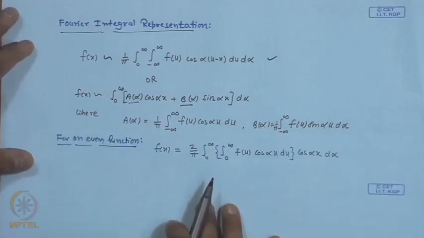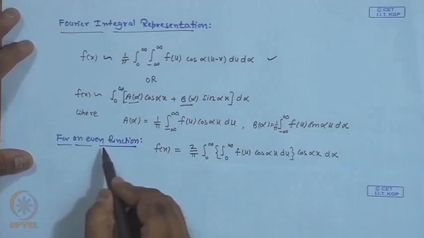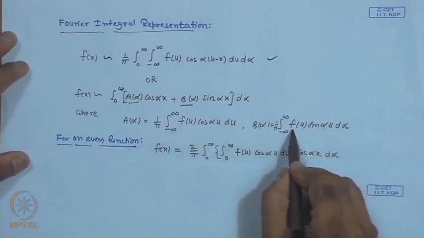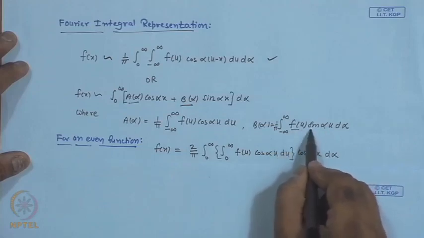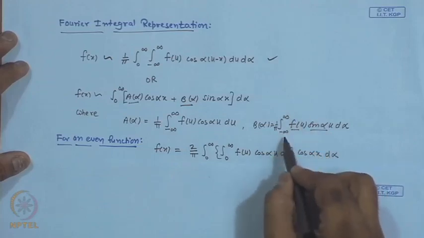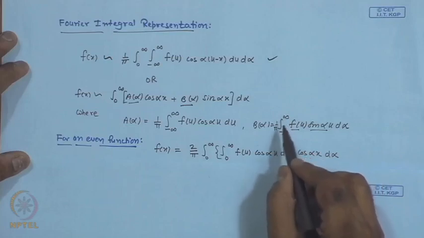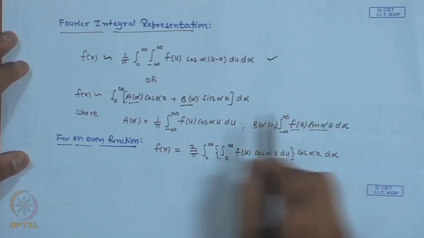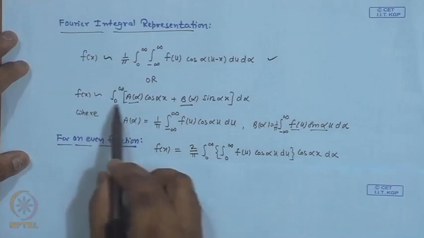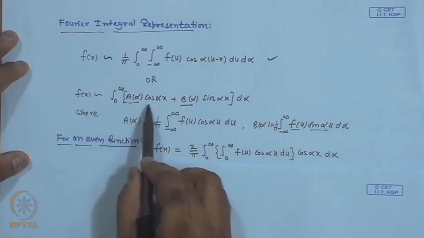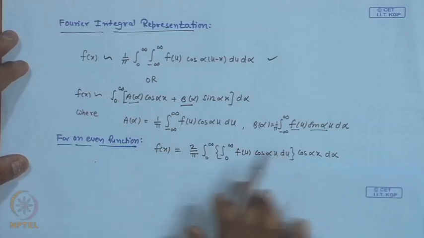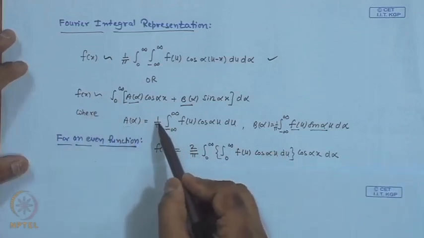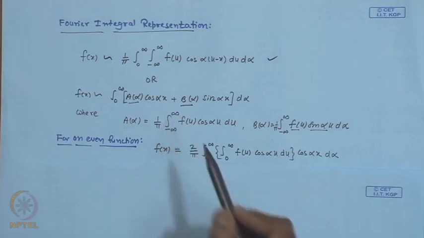Then we have seen that when the function is even, we have an even function times an odd one, so the integral over this symmetric interval goes to 0. So b(alpha) will be 0, and we have the simple Fourier cosine integral representation. In fact, a(alpha) we can also write as 2 times the integral from 0 to infinity.